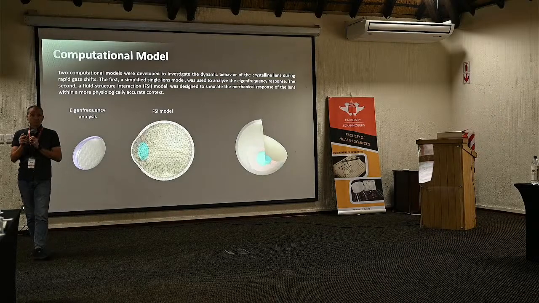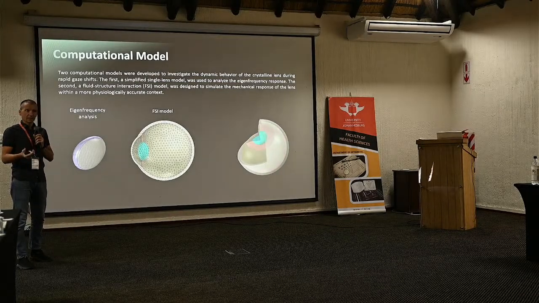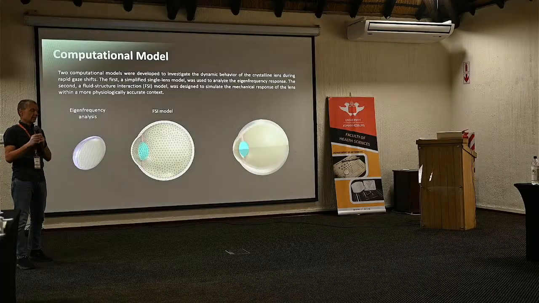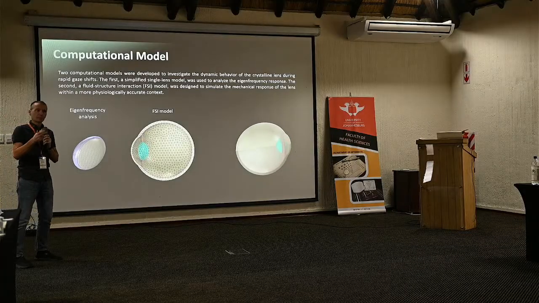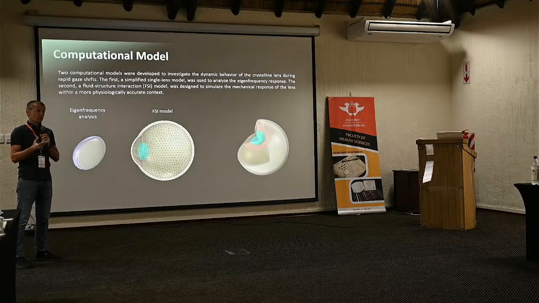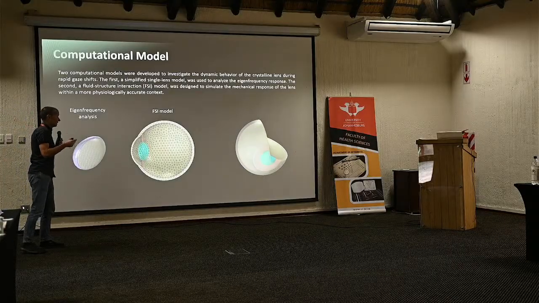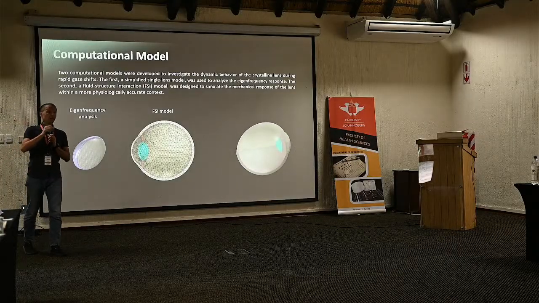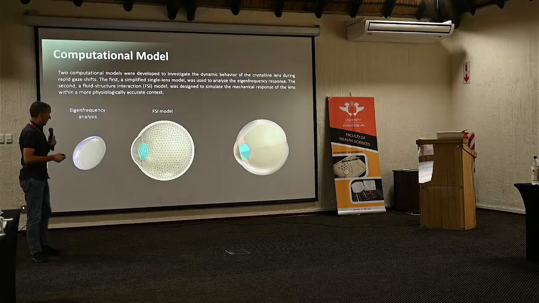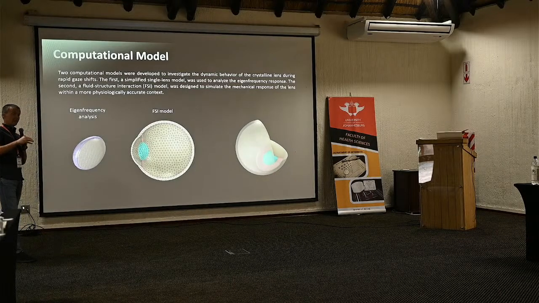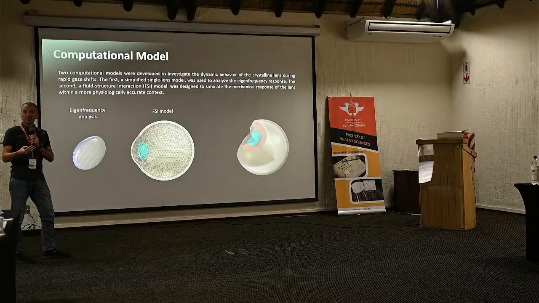So the idea was to construct another step in the modeling process, considering the interaction between the different parts of the eye globe. This type of model is called a fluid structure interaction model, a process where the structural or hard materials interact with the fluid ones.